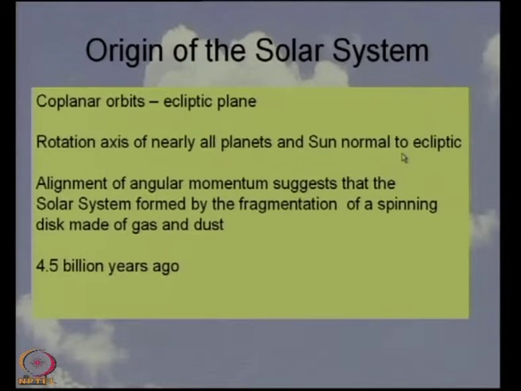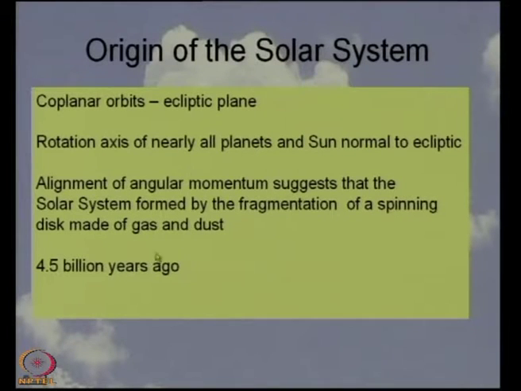On the average, they also rotate in the same direction in which they are revolving. So, the angular momenta are aligned. It seems that most of the objects in the solar system, the planets and the sun, have their angular momentum vectors aligned. There are a few exceptions.